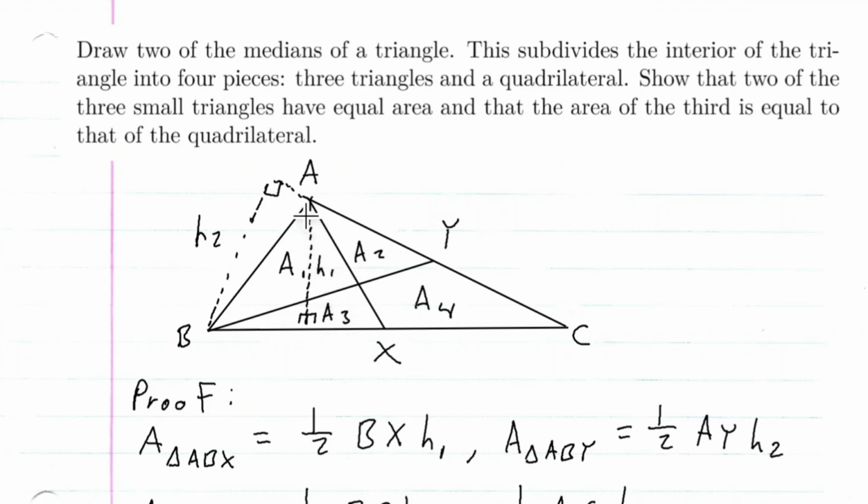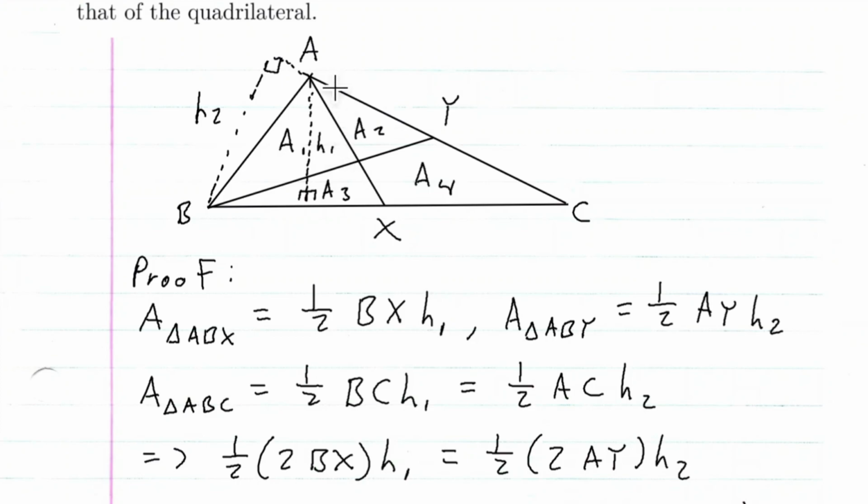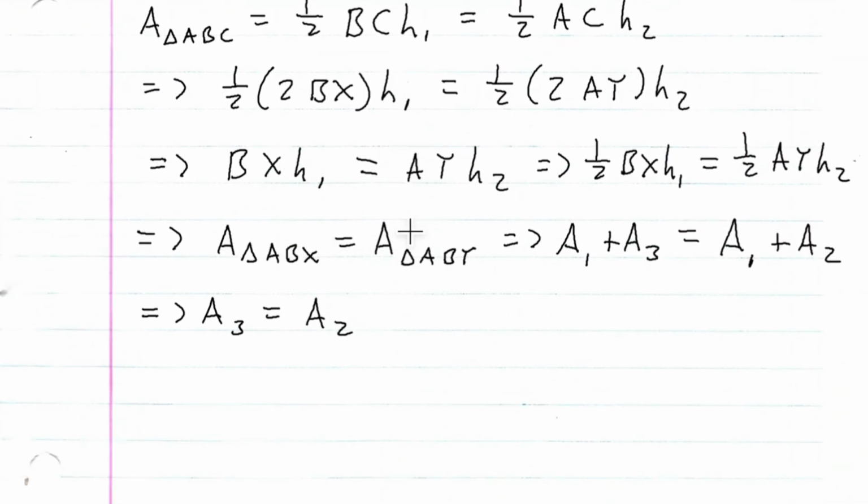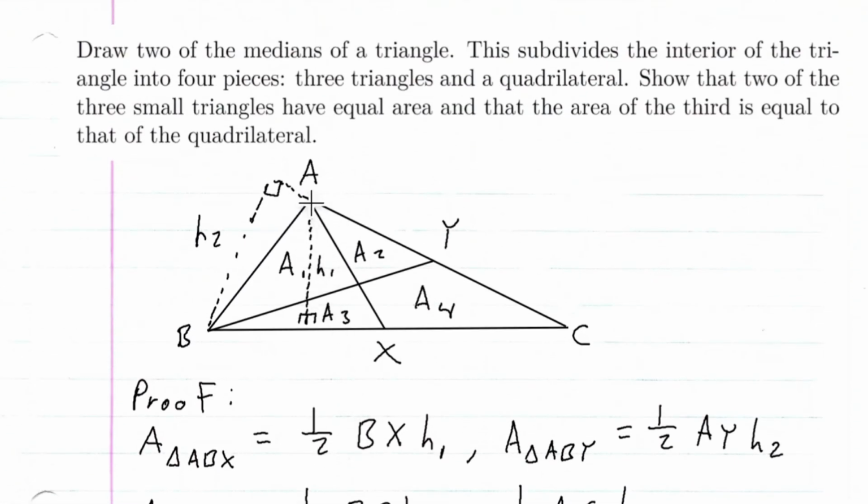Now the last piece is to prove that A1 is equal to A4. So I'm going to look at triangles ABX and ACX. The area of triangle ACX is equal to 1/2 CX times height 1.